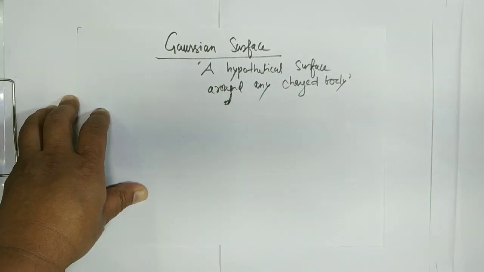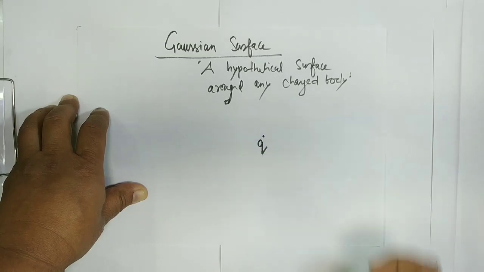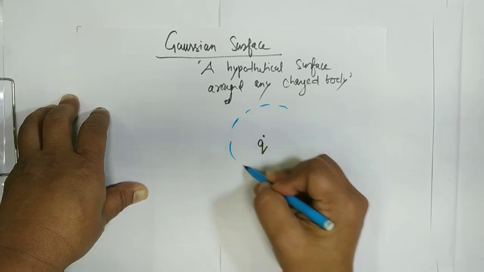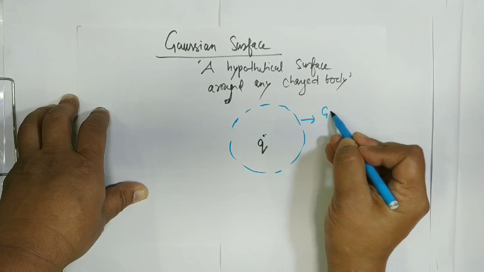We can create a hypothetical surface. Say there is a charge q here, so we can create a surface around it like this. Now this is a type of Gaussian surface.